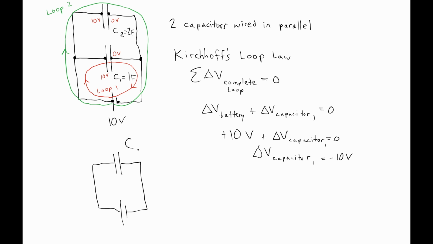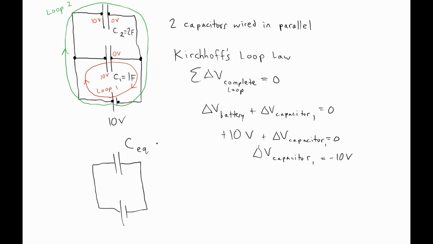It's called CEQ, which is an equivalent capacitor. And it's supposed to behave exactly like the other 2 would have. So it's supposed to take on just as much charge as they would have.